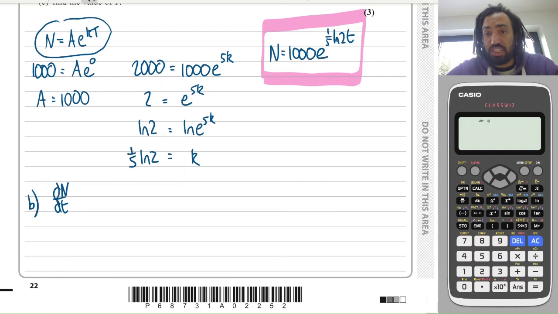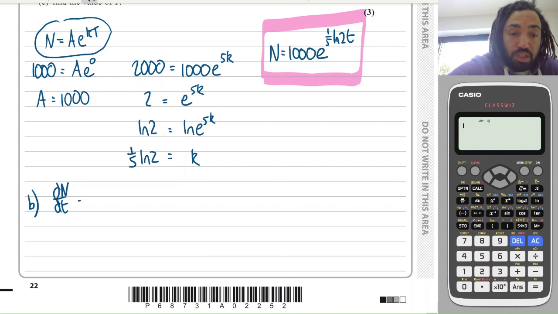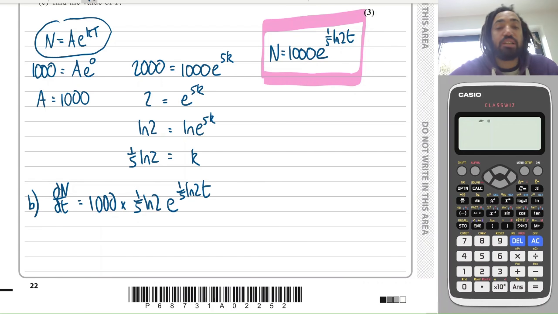So differentiating that, when I differentiate an e function, I need to multiply by the derivative of the power. So the derivative of this power is just a fifth ln 2. So I'm going to get 1000 multiplied by a fifth ln 2, and then e to the 1/5 ln 2 t stays the same.